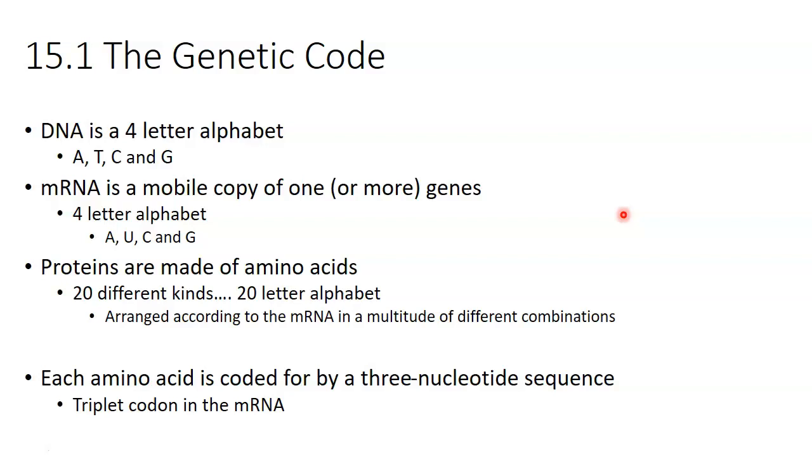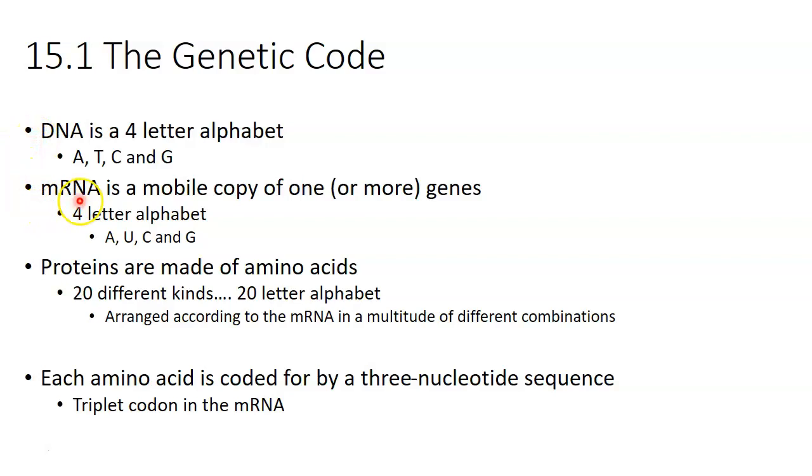And so the message in a gene gets copied into an mRNA transcript, and we'll talk about how in just a few minutes. You can think of mRNA as a mobile copy of usually just 1, sometimes more, genes. The messenger RNA is going to be a copy of 1 gene in the DNA.